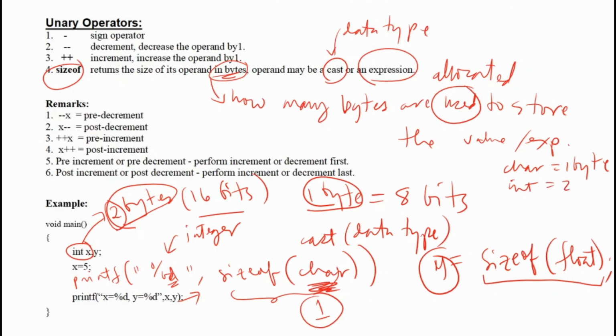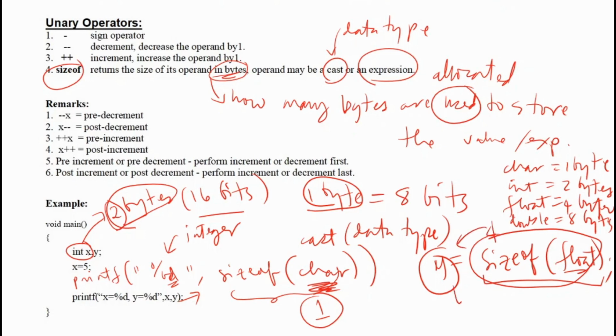Integer is 2 bytes. Float is 4 bytes. And double type is 8 bytes. So for float, that's 4. So the value of this expression here is 4, and so your y is equal to 4. It's the number of bytes allocated for float.